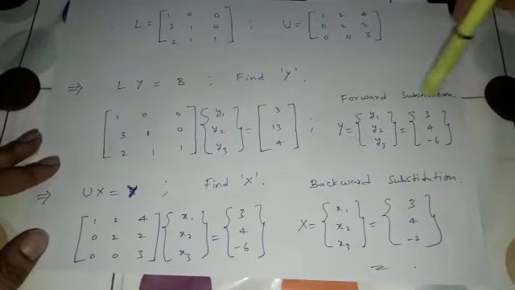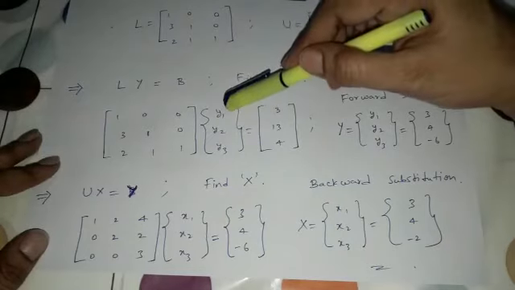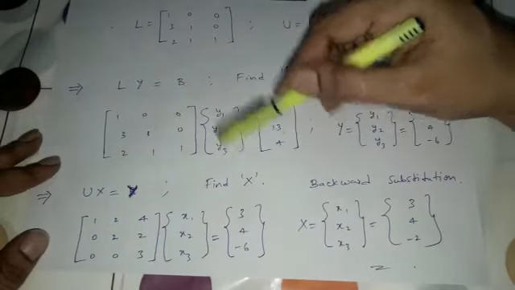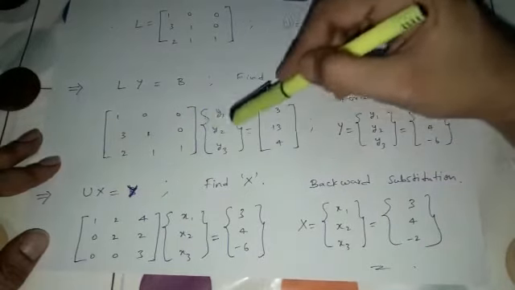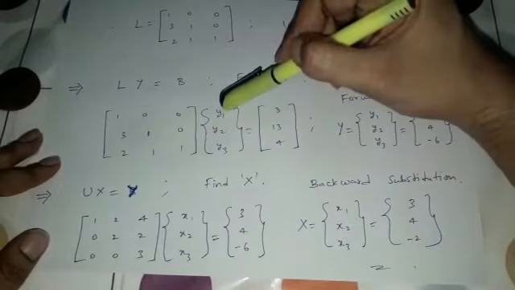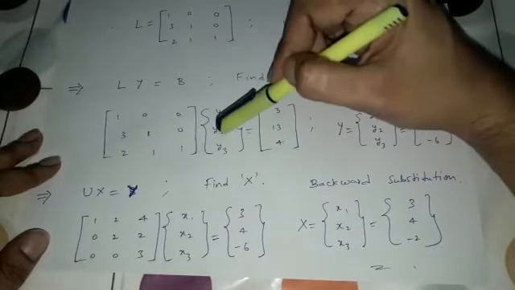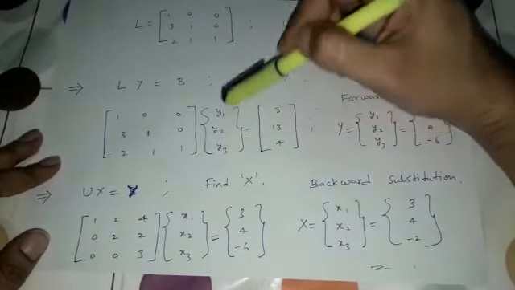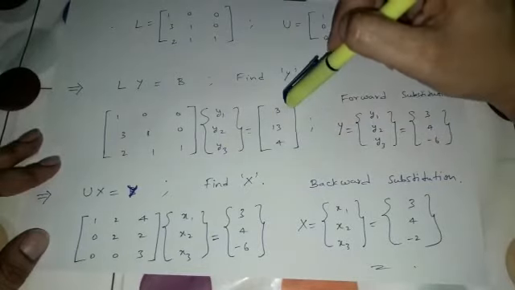Forward substitution means find y1 first, then y2, then y3. Multiplying the matrices, you get 1 times y1 plus 0 times y2 plus 0 times y3, so y1 is equal to 3.